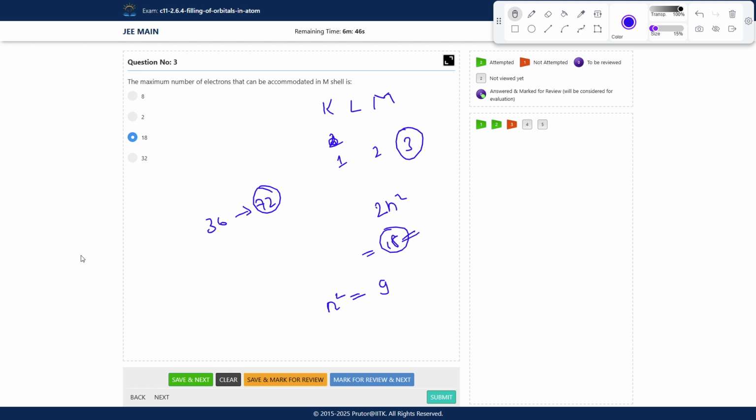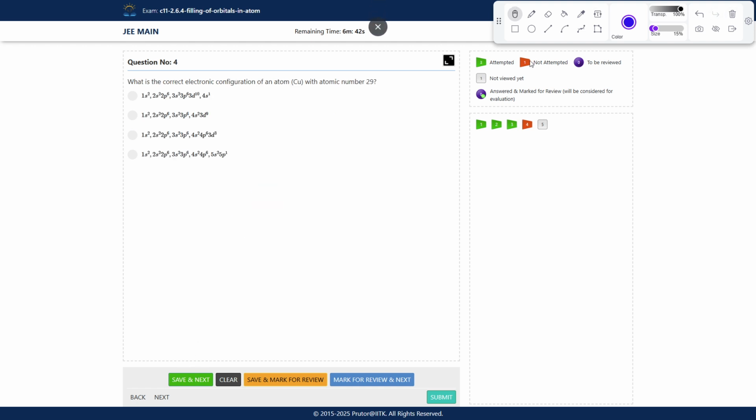Moving on to the next question. What is the correct electronic configuration of an atom with atomic number 29? What is the correct answer for this question? Remember, it is an anomaly.